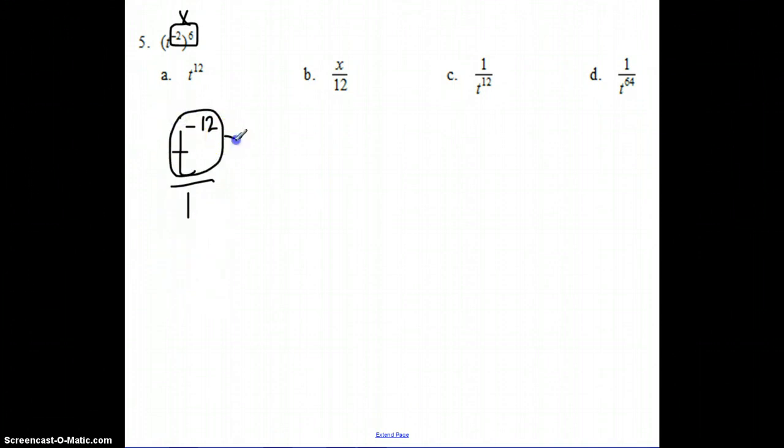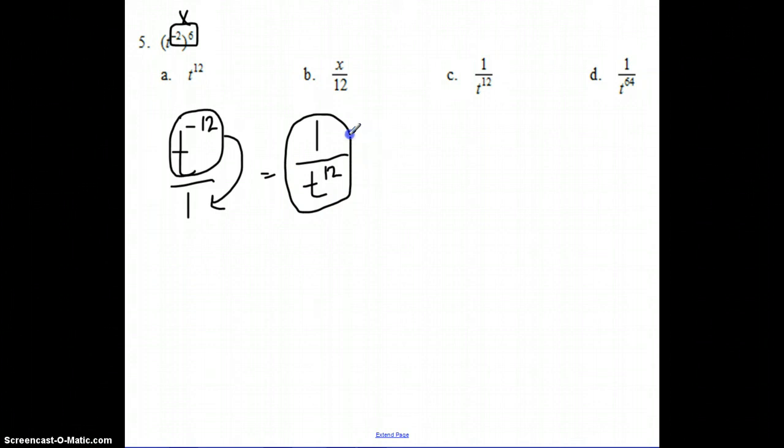Because of the negative exponent, this needs to move to the bottom. So that means in the bottom now it's going to be t to the 12th. And on the top I'm going to use a 1. And that's going to be my final answer. So that means up here now, C is going to be our answer.